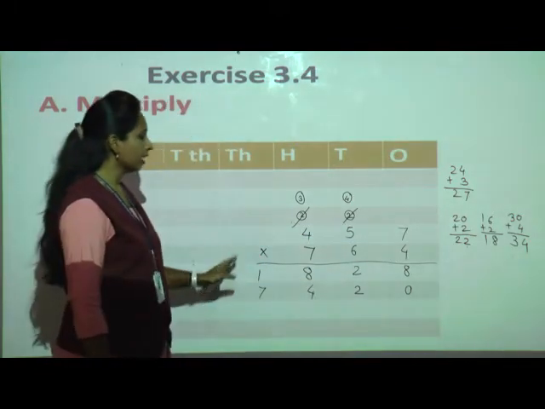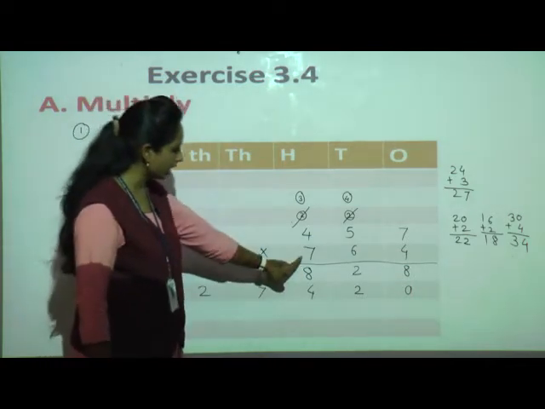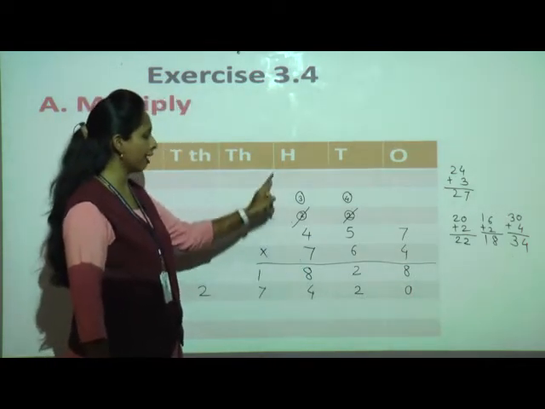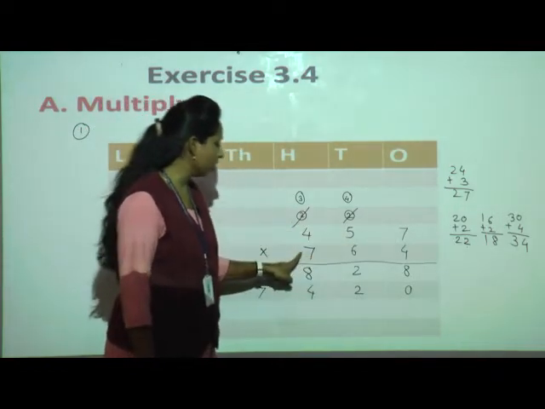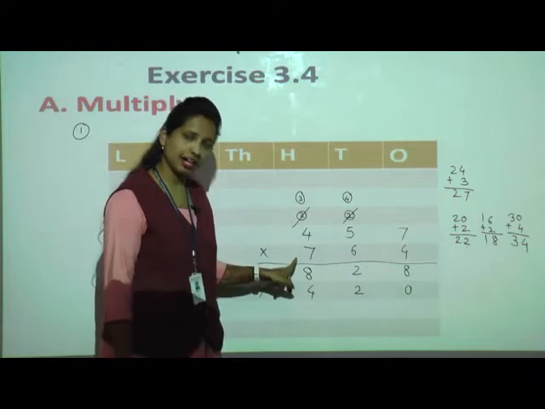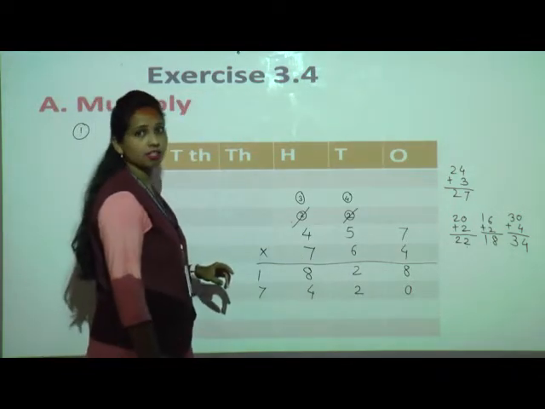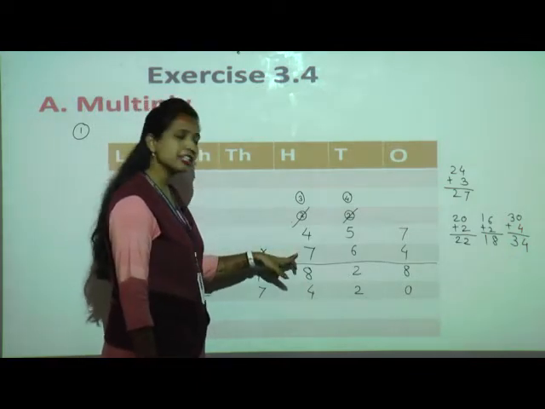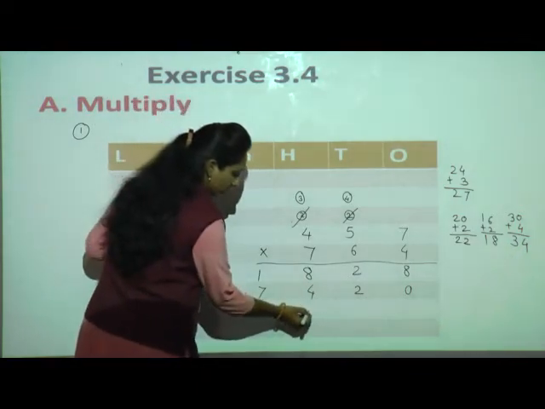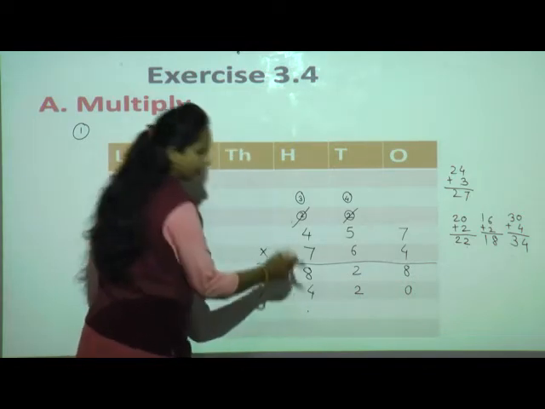Got it? Now we will go to the hundreds place. What is there on the hundreds place? 700. So now we have to multiply 457 by 700. Now we are doing the hundreds place multiplication. So whenever you do the hundreds place multiplication, you have to start writing the answer product from the hundreds place only.